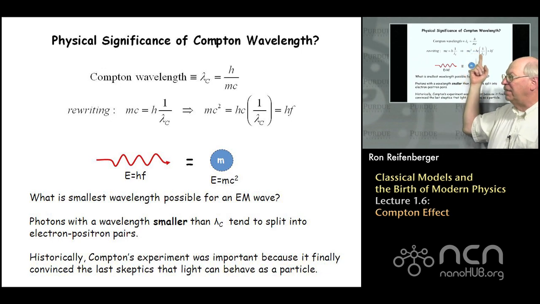What this basically means is that when the rest energy of a particle is equal to, let's say, the photon energy, you've got a relationship that ties the Compton wavelength to this rest energy, mc squared, for the particle.